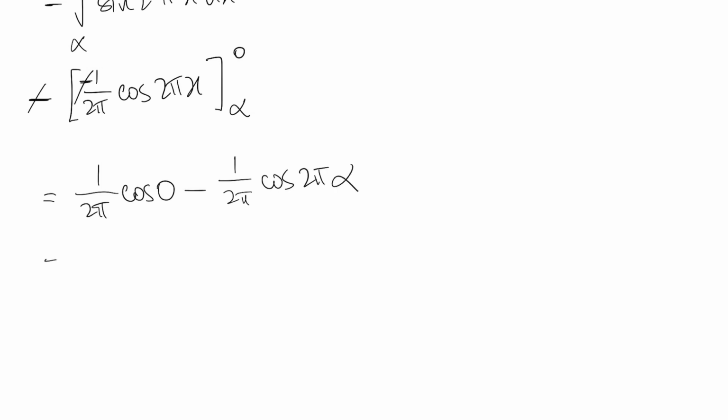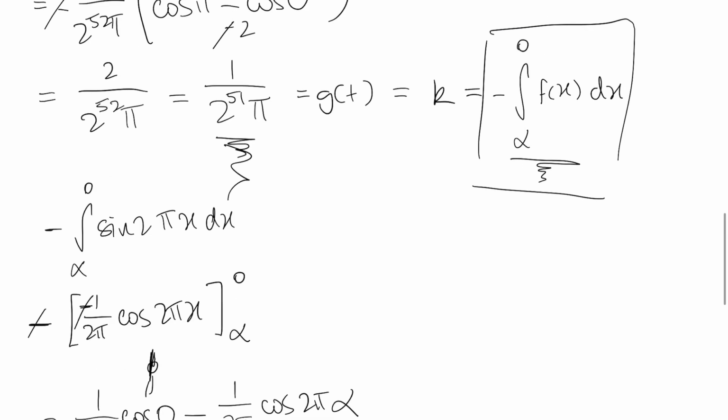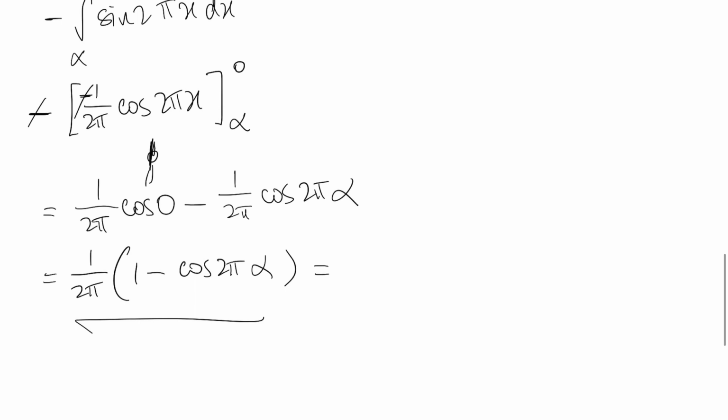And let's factorize 1 over 2 pi. So we have 1 over 2 pi. Cosine 0 is 1. So this will be 1 minus cosine 2 pi alpha. And remember this integral is equal to 1 over 2 to the power 51 pi. So let's put the equal here. This is equal to 1 over 2 to the power 51 pi.